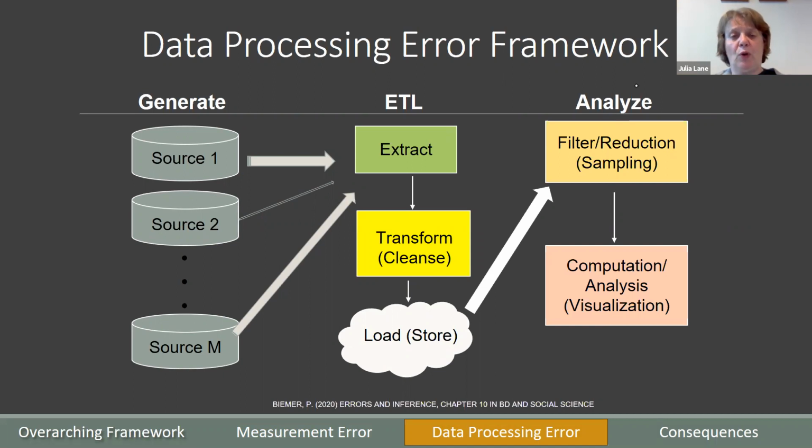That was what I was talking about with the food quality example. How is it loaded and stored? Then how do you pull the data out? How are they filtered? What subsets of data are you taking and then doing the analysis? So that's the whole process by which things work.